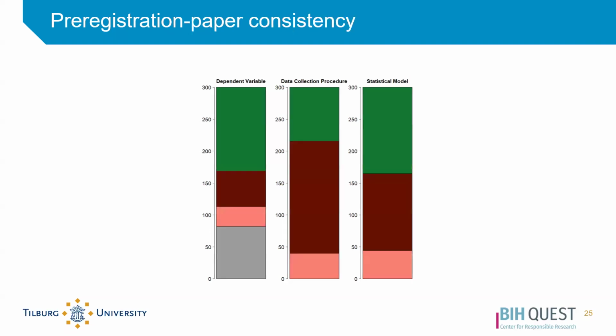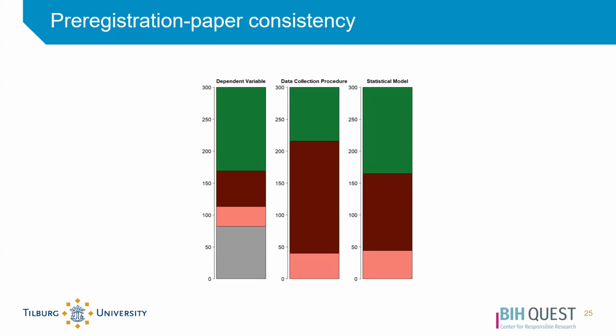It becomes less positive when we look at consistency. Again, we looked at these three elements. Again, dark green is good, which means everything was in line. So the pre-registration information was exactly the same as the paper information. Red means that this wasn't the case, so it was inconsistent.